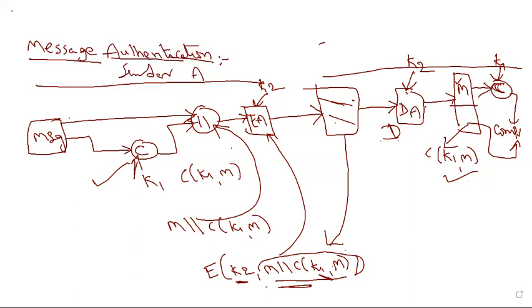The third configuration also produces both, but here authentication is tied with plain text, because the MAC code is generated from the original message. In the second configuration, the MAC code is generated from the encrypted message.